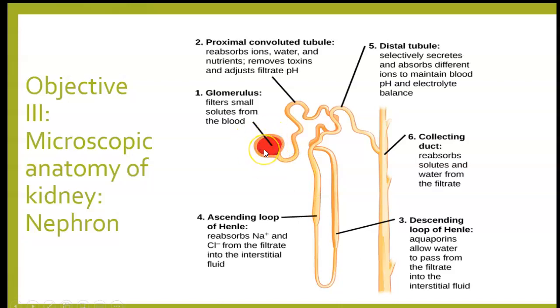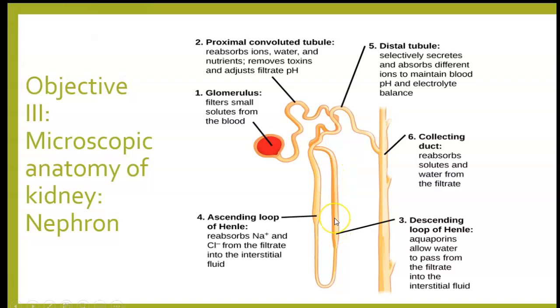It's going to filter small solutes from the blood, and it's going to carry those up into the proximal convoluted tubules, and this is going to be where ions, water, and nutrients will get reabsorbed, toxins will get removed, and it will adjust the pH of the filtrate as it continues to travel on down to the descending loop of Henle.